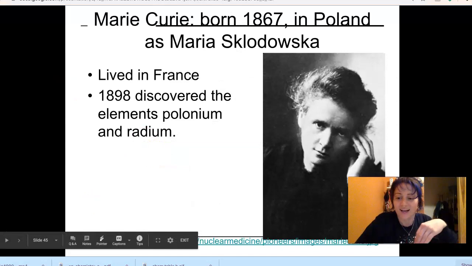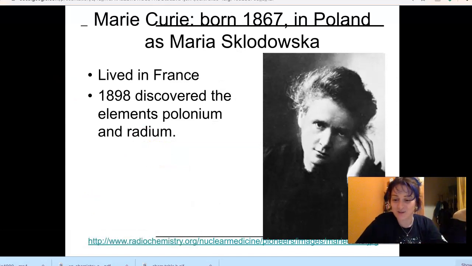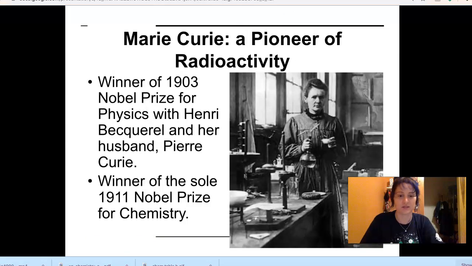Okay, quick little history excerpt. Marie Curie is the mother of radioactivity. She is the woman who coined the term. She was born in 1867 in Poland. She lived in France and did all of her chemical work there with her husband, Pierre. She discovered two elements, polonium and radium, and of course, radioactivity.